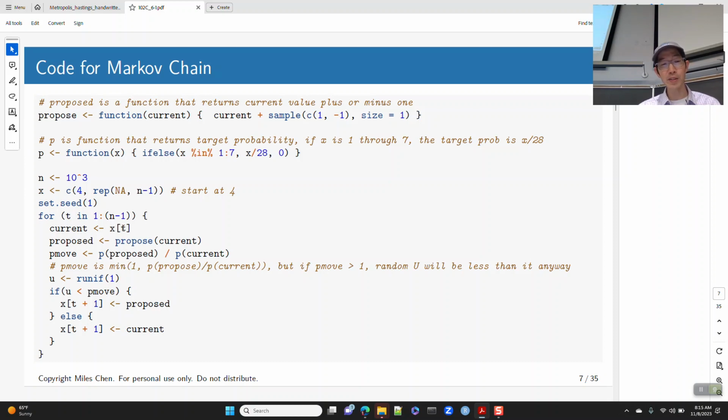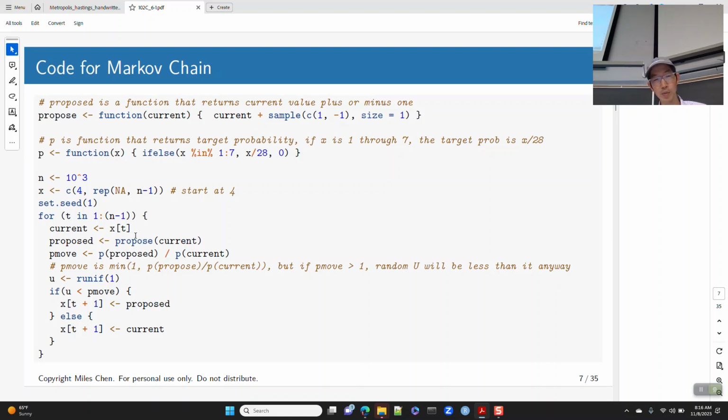I'll start off with 4. And then my proposed location is I plug in 4 into current, and the proposed will be 4 plus 1 or minus 1. So our proposed is either going to be a 5 or a 3, and the probability of moving is going to be p proposed divided by p current.